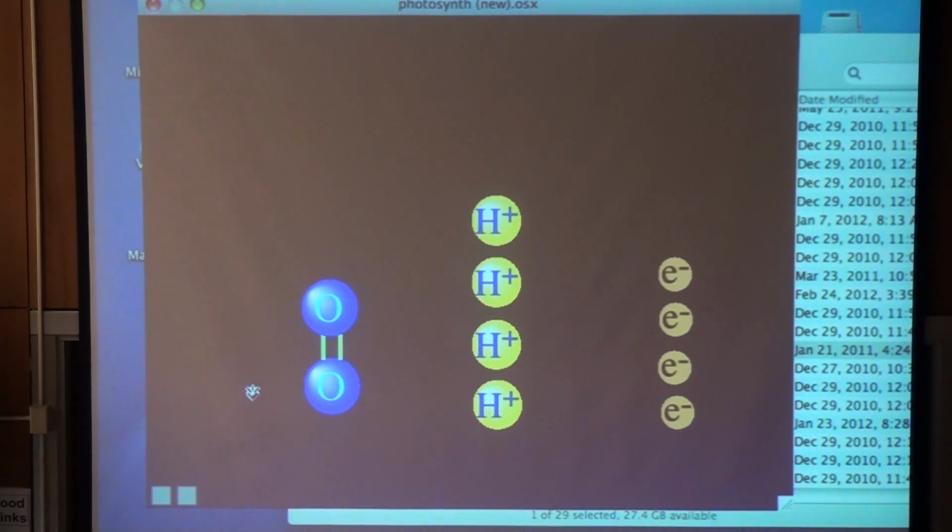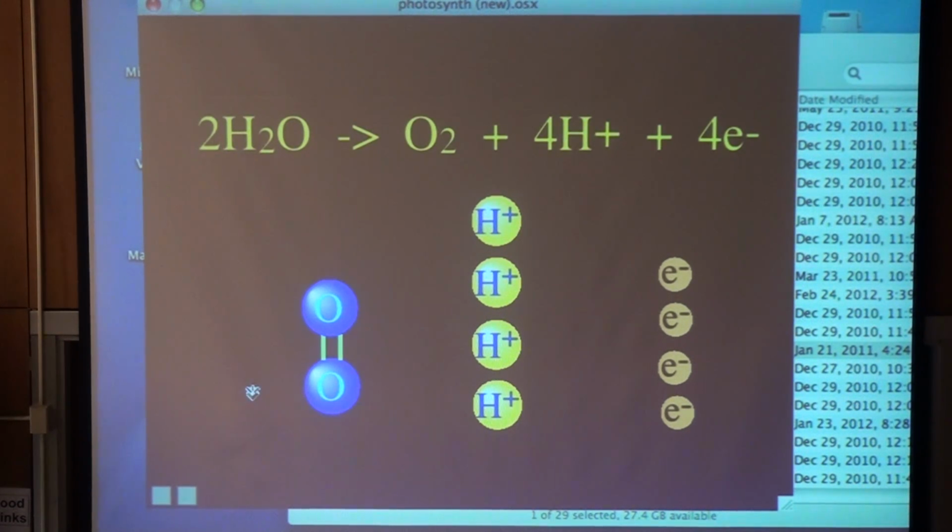And that's what actually happens in the water splitting reaction. So this is the more correct way to show it. For every 2 water molecules that get split, you get a molecule of molecular oxygen, O2, and 4 hydrogen ions and 4 electrons. And this is the source of the oxygen in the photosynthesis equation.